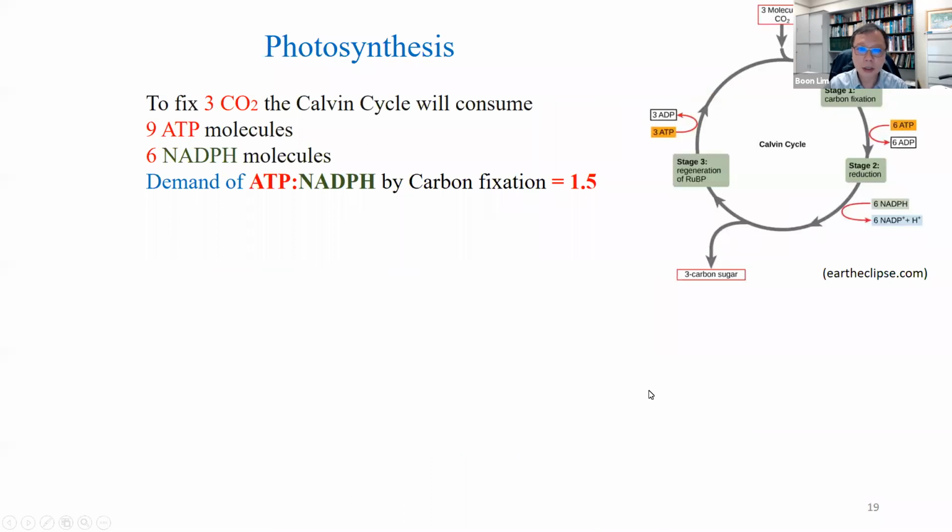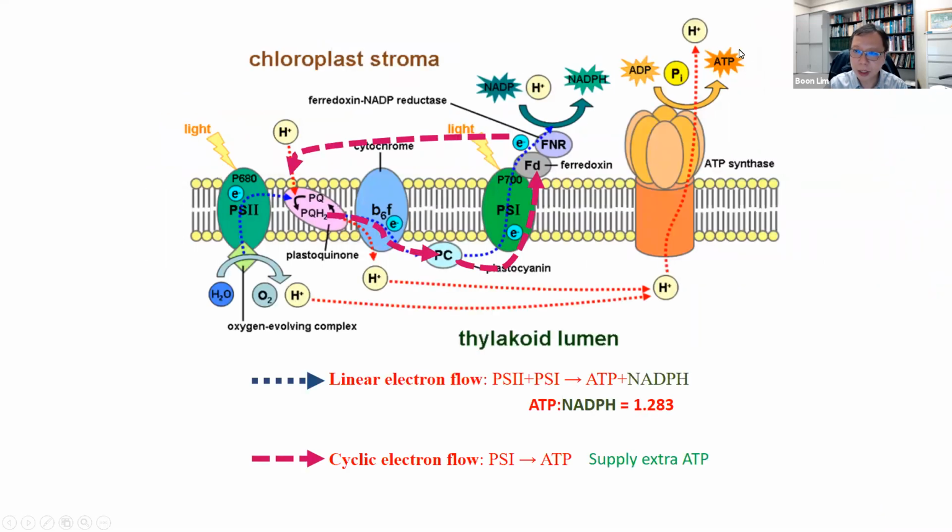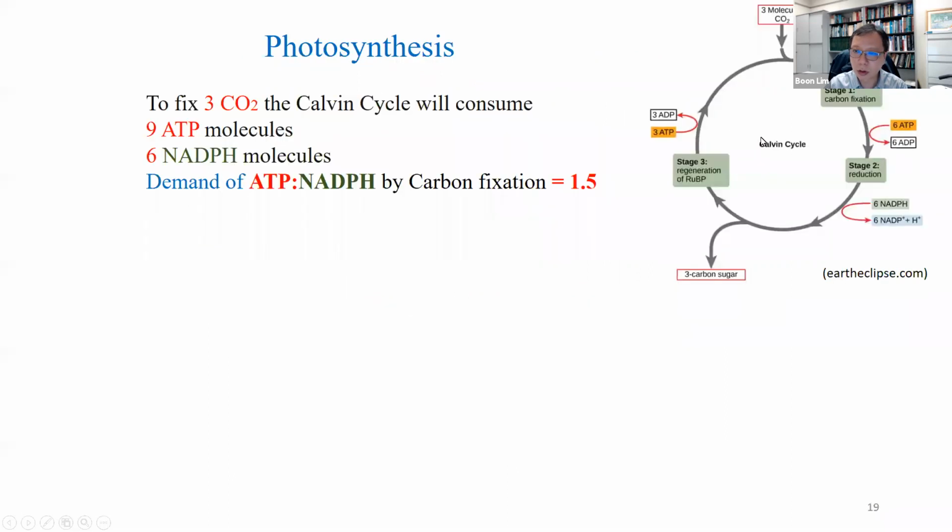As we know, in the Calvin cycle, if we want to fix CO2, it will consume both ATP and NADPH. So the NADPH and ATP generated from the photosystem can be consumed by the Calvin cycle to generate sugars.